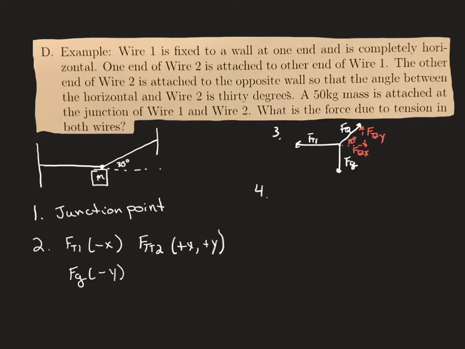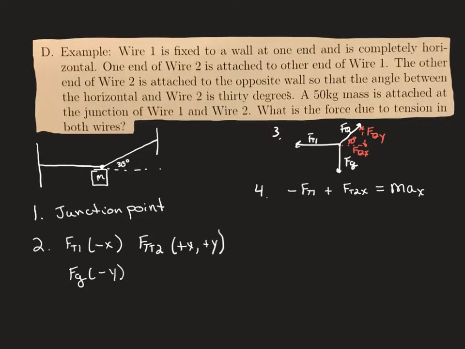Alright, so step 4 is going to be to apply Newton's second law. We need to identify the forces acting in the x and the forces acting in the y. Looking along here, we have force of tension 1, and then the x component of force of tension 2. Then I'm going to leave myself some space to do some math later on, and identify the forces acting in the y direction.